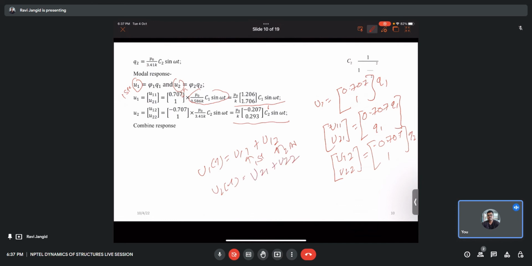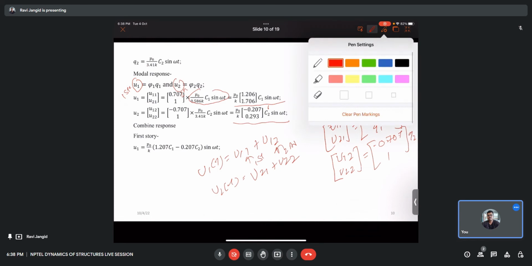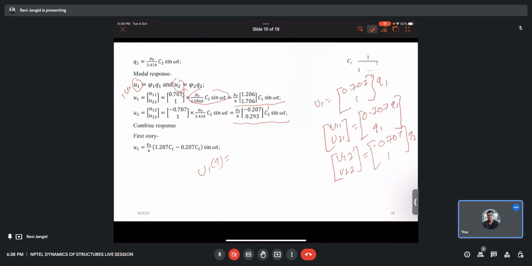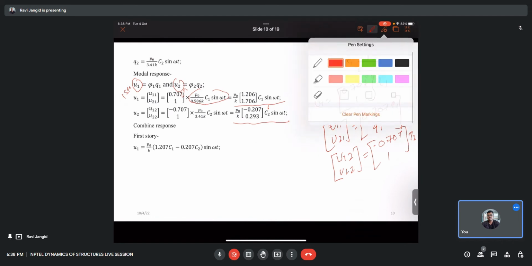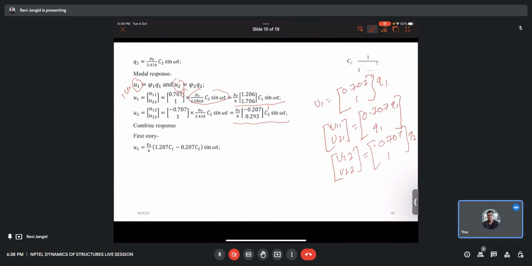Same things we follow for the first story: u1(t), where we add this term 1.206 and 0.207 c1 c2. So this is the response of the first story.